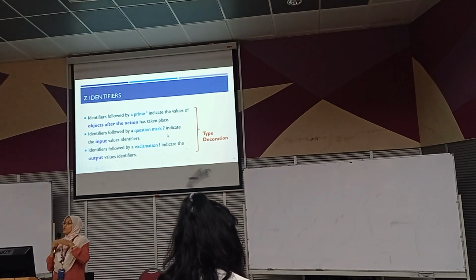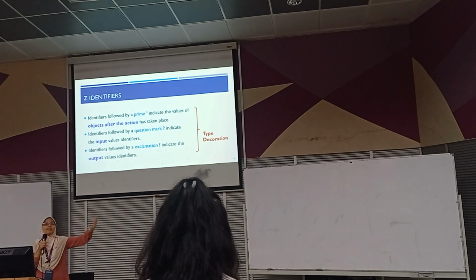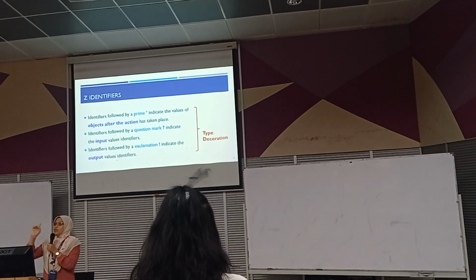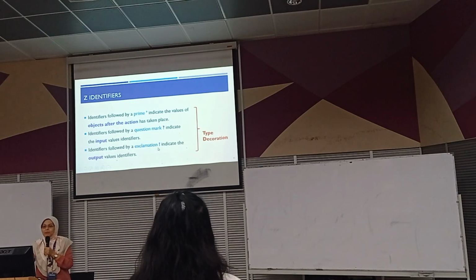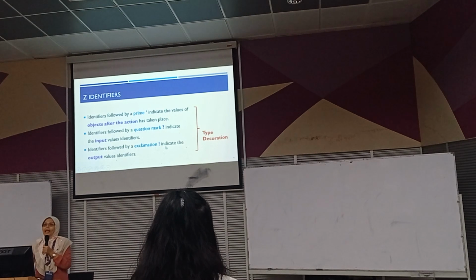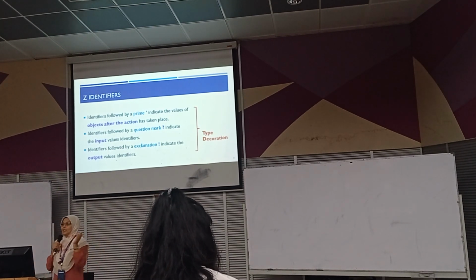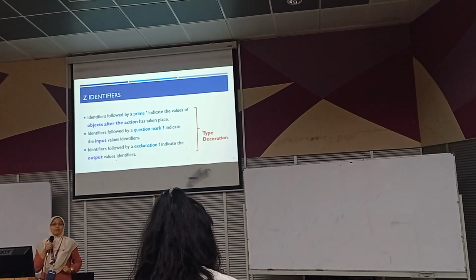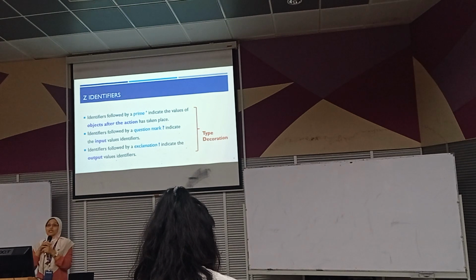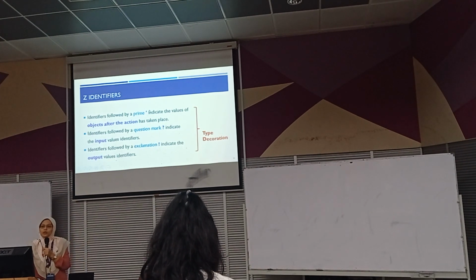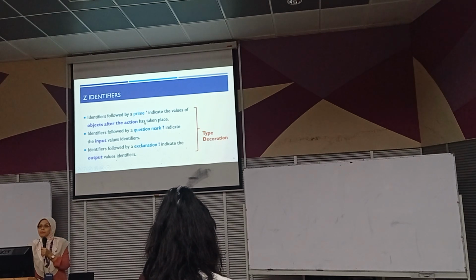But if you want to produce output, to show the result on the screen, your variable must have an exclamation mark. Then there are cases where it's not input, not output, but you want to update your database with maybe new data. You want to say that there is an update to your data. Then you show it with a prime variable.